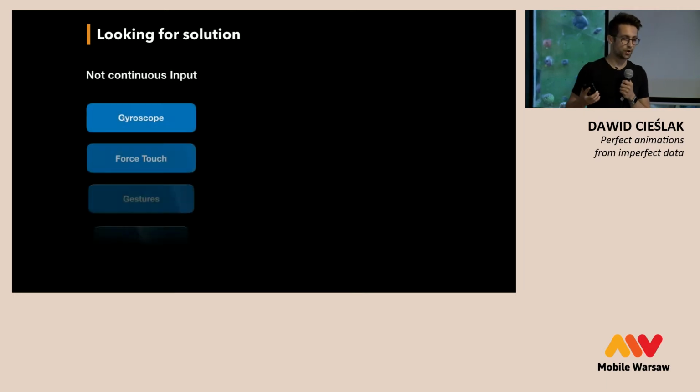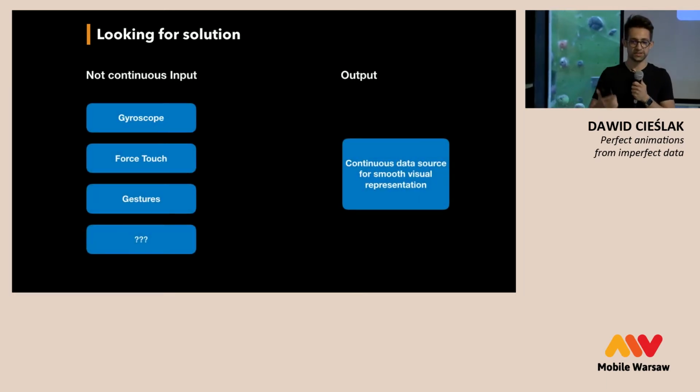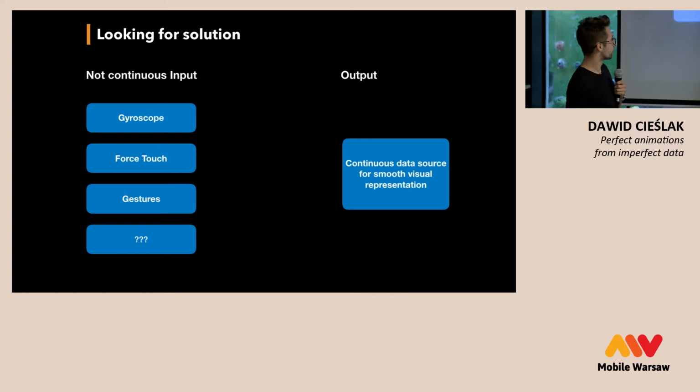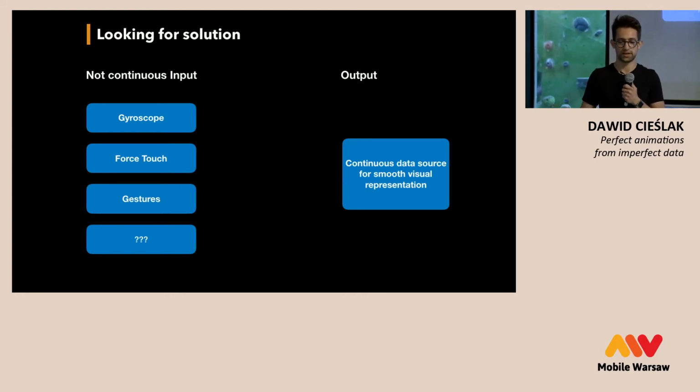So to sum up the problem, we have a data set that's not continuous, missing the values, and we cannot predict when this new value will arrive and how this value will be calculated. And on the other hand, we want to have as an output something what might be easily translated into some transformation of view, will be given to us in a steady pace.